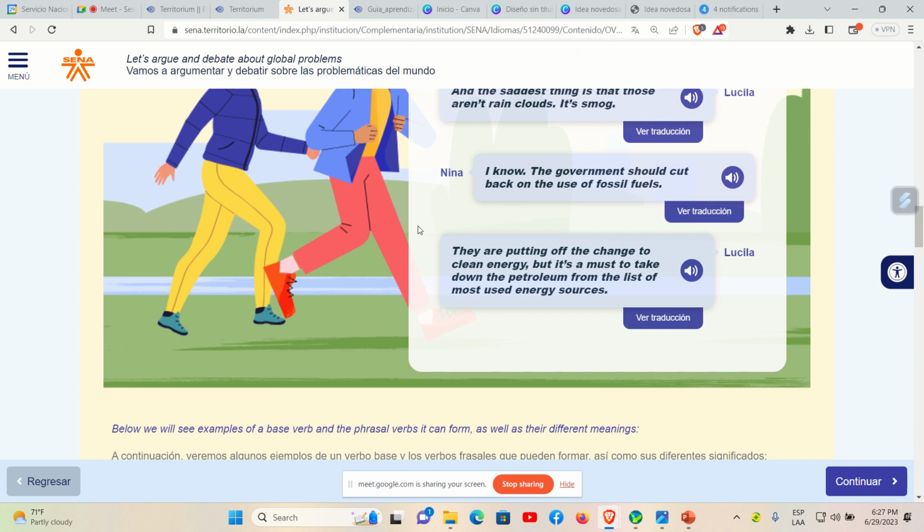They are putting off, this is a good one, they are putting off the change to clean energy, but it is a must to take down the petroleum from the list of the most used energy sources. Putting off. What can it be?